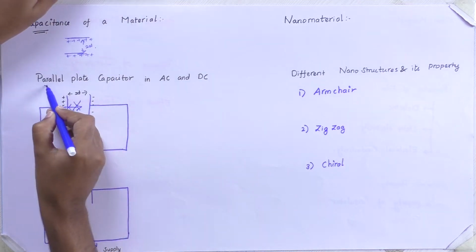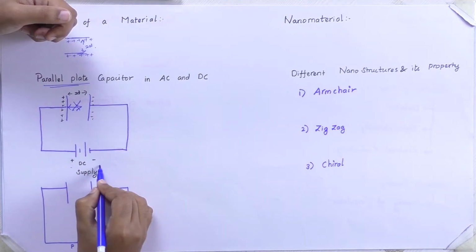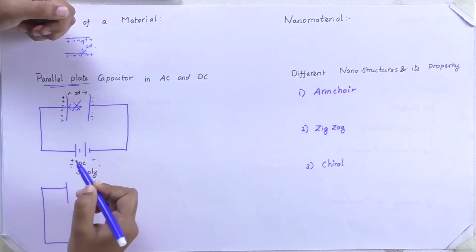Now I am comparing the nature of the capacitor when you supply DC and when you supply AC. What happens to the capacitor and how does it function? The capacitor, as I said, two conducting plates placed at a distance, is connected to a DC supply.